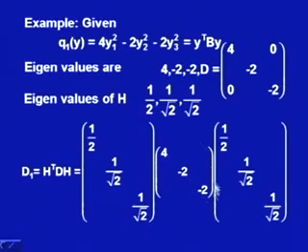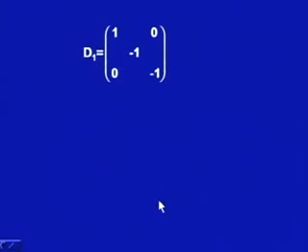Then this is the matrix D. Off-diagonal elements I have not shown here, but they are 0, and we will have this diagonal matrix H. When you multiply it, this multiplied by this is 1, this and this multiplication gives me minus 1, this and this is minus 1, and correspondingly we have D1 as a diagonal matrix with 1, minus 1 and minus 1.